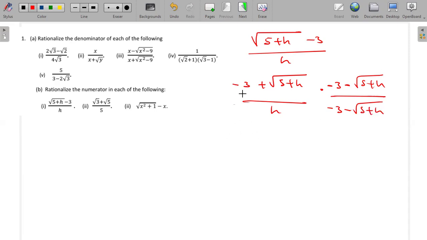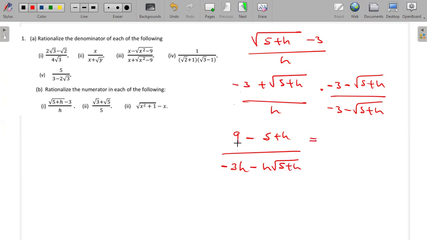So that gives us, on top you're going to get negative 3 squared gives us 9. Then you have minus the root, meaning you have 5 plus h. Then down there you have negative 3h. Then the h multiplying by that, you get negative h root 5 plus h.